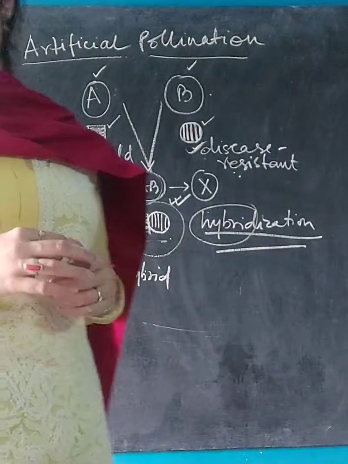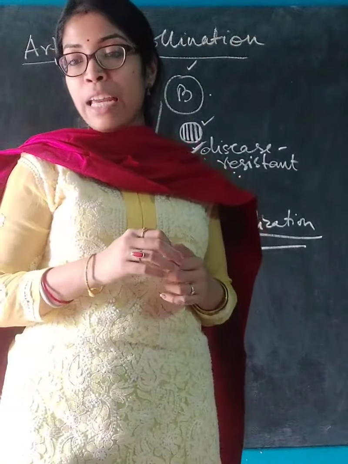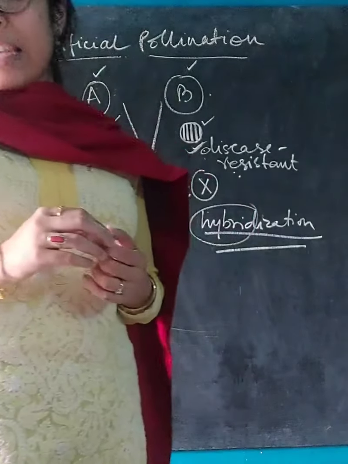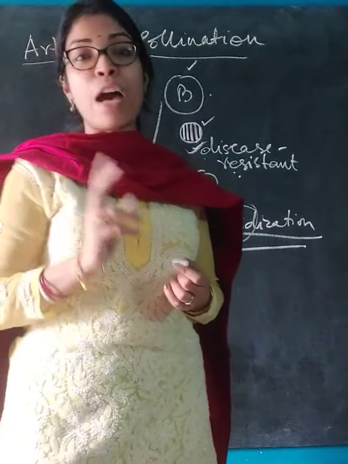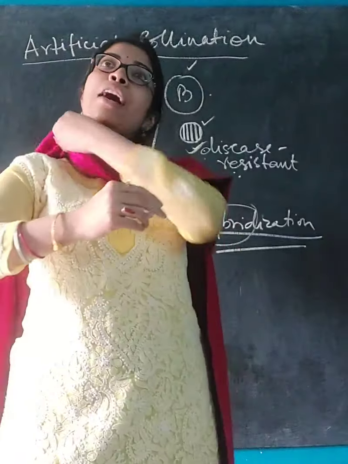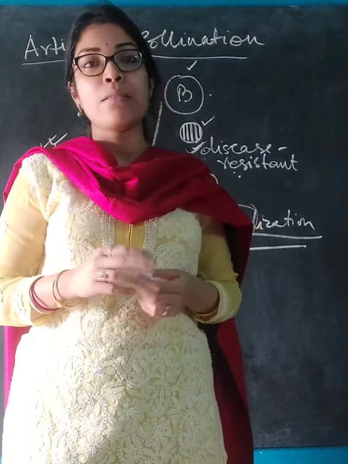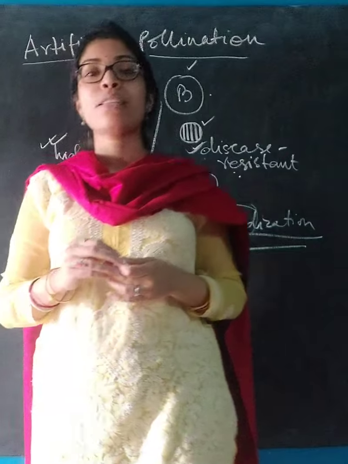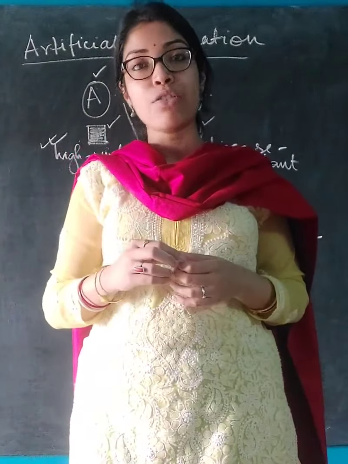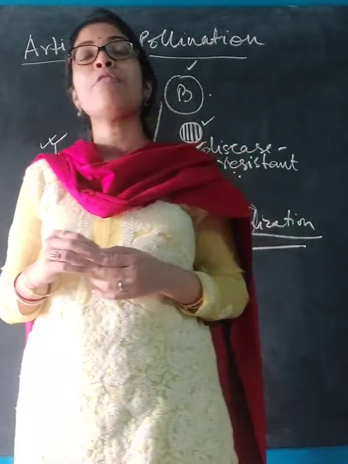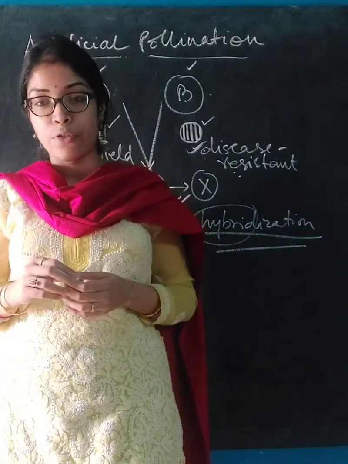Moving towards the next paragraph, many hybrid high-yielding varieties of wheat, rice and maize have been produced by the process of hybridization. So since rice, wheat, maize, basically rice and wheat, these are the staple food of our country. There is excessive demand of these foods in our country.